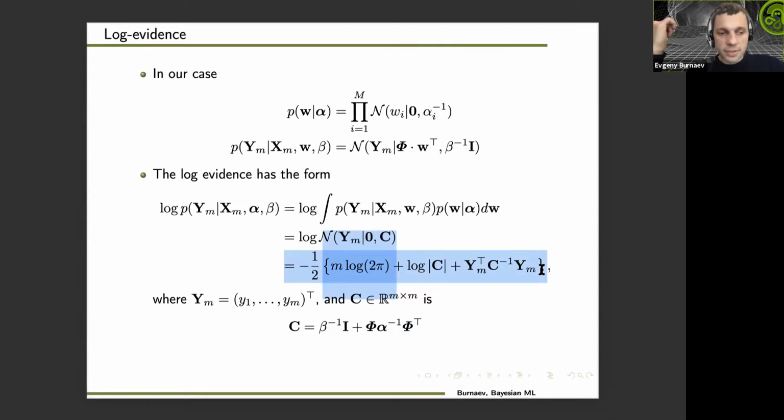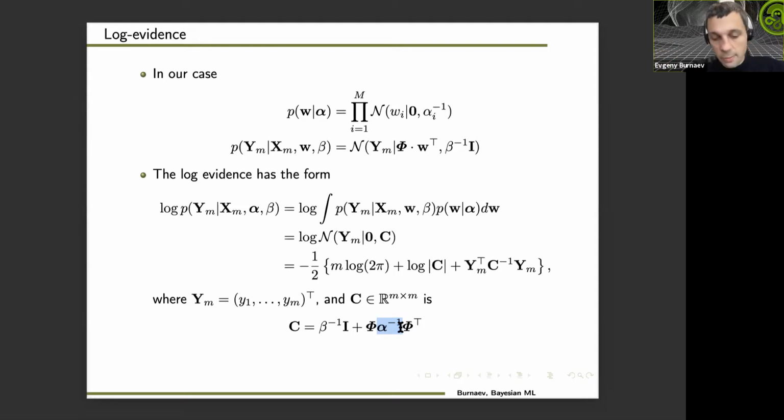The only difference is that here we use instead of a one-dimensional parameter alpha, a diagonal matrix alpha. But in case we put here a diagonal matrix with the same values of the parameter alpha on the main diagonal, we will get the expression of the log evidence from the previous presentation.